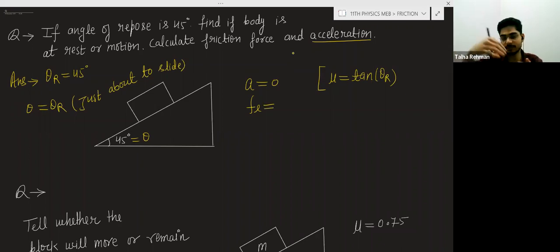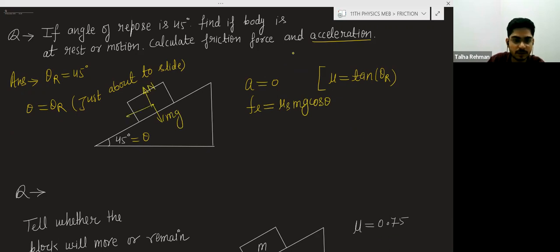So limiting friction force will be mu s into mg cos theta. Here will be mg sin theta, normal reaction will be there, and here will be the limiting friction force. More questions we will discuss in the next class.